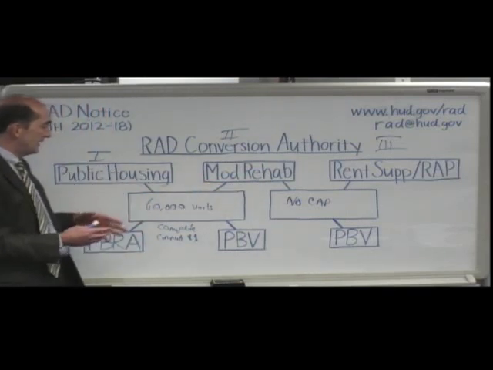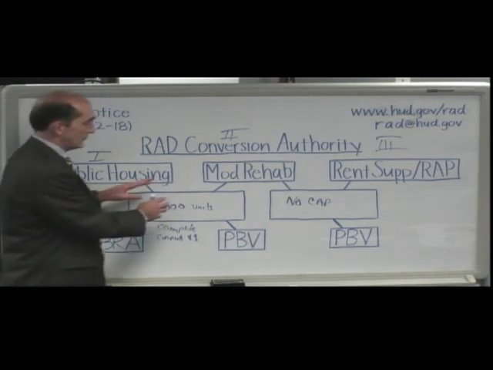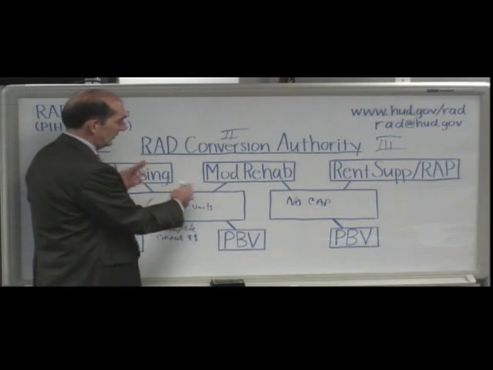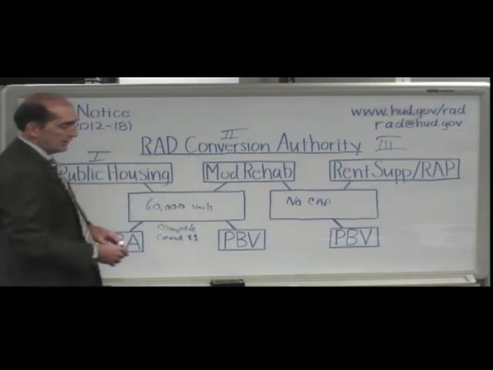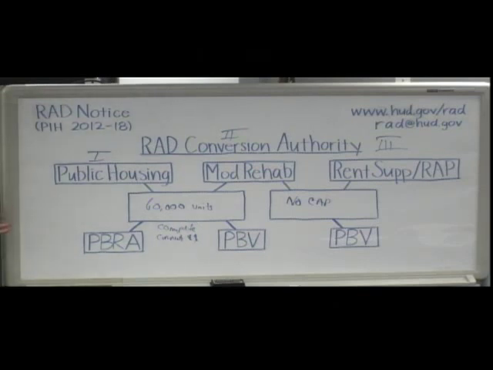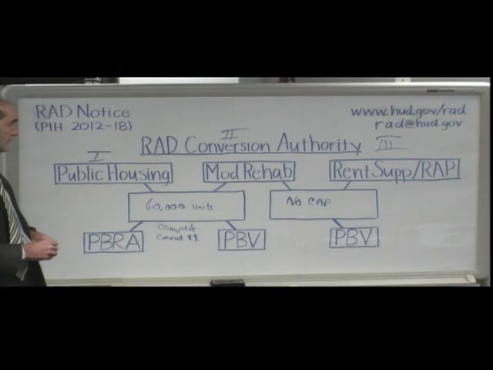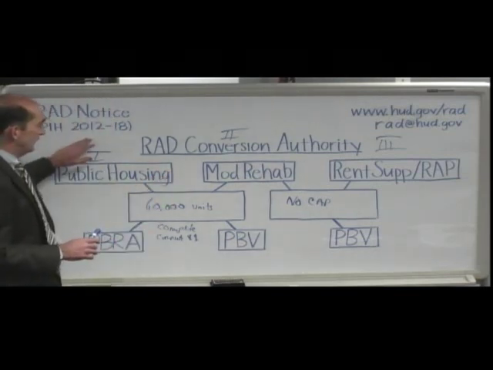The reason for that is because public housing has about 1.2 million units, Mod Rehab has about 25,000 units, and those figures, 58,750 and 1,250, are representative proportions of their inventories, which is how we divided this up.